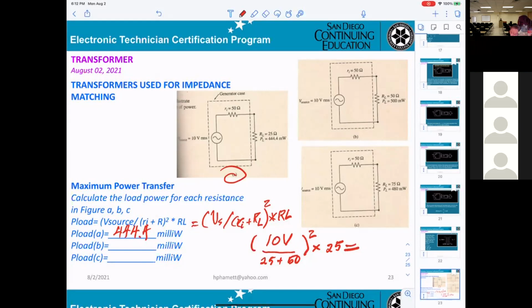Second, B. 500 milliwatts. Perfect. 500. C, 480 milliwatts. Perfect. 480.